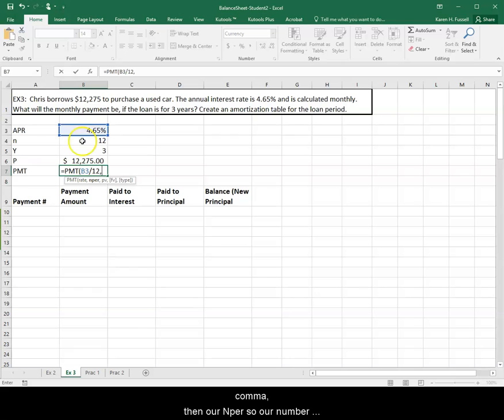Then our NPER, so our number of compounding periods, so 12 times our number of years, 3, comma, our principal amount. Remember that has to be put in as a negative, so negative, and then that principal amount, and then we can end our parentheses.